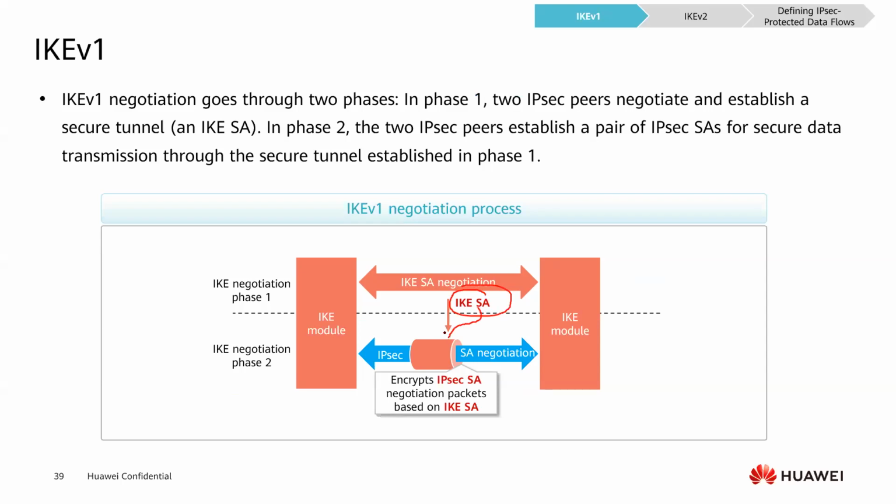This SA helps us do the asymmetric encryption, and that asymmetric encryption helps exchange the symmetric key, which will be used later to encapsulate, encrypt, and decrypt the packet. Anyway, phase 2 is exchanging the symmetric key, not the asymmetric key.